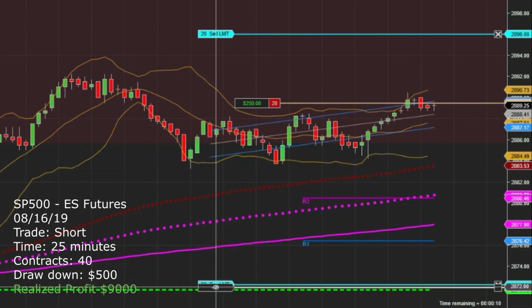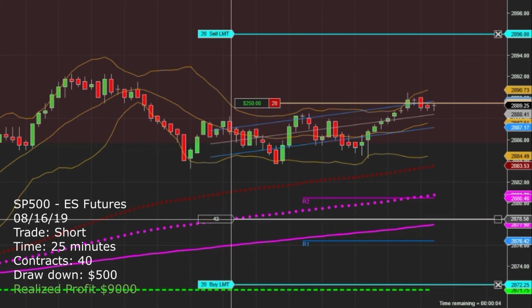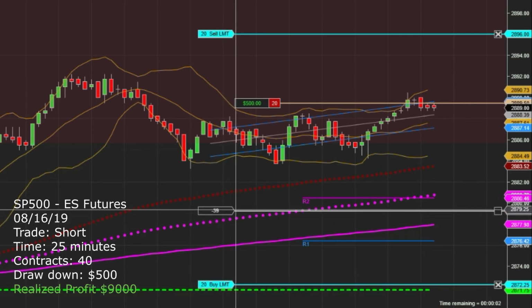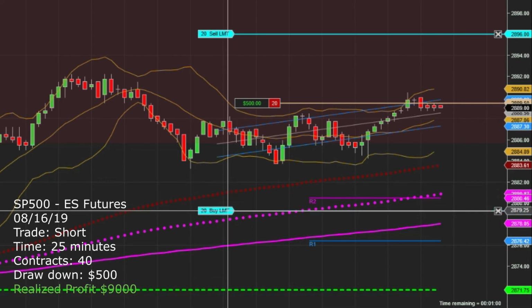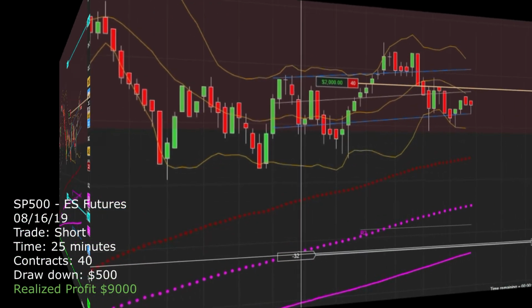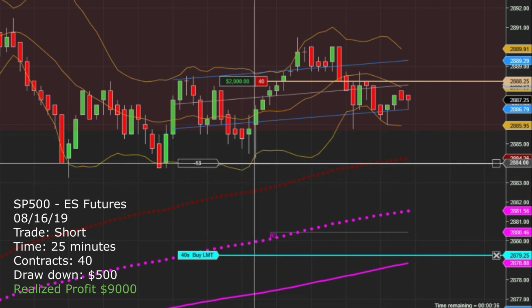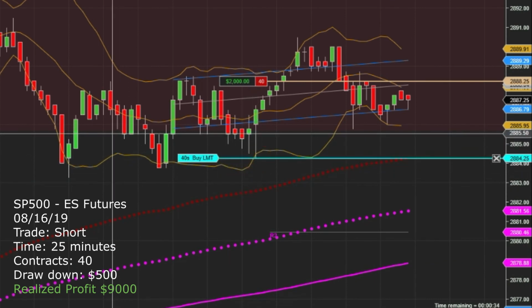Here we are back, looking to add 20 more contracts to bring us to 40 contracts total. We got our fill now with 40 contracts total short, looking for the move downward.